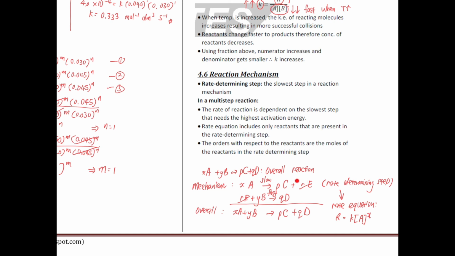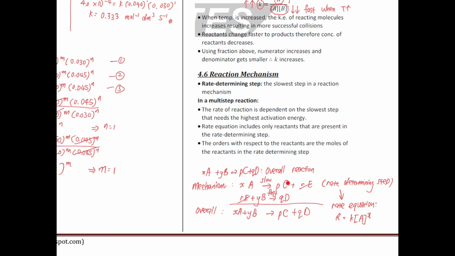The slowest step will affect the rate, and it needs the highest activation energy. They are trying to tell you this one is slow because it needs higher activation energy, and this one is fast because it needs lower activation energy. So this one affects the rate a lot.